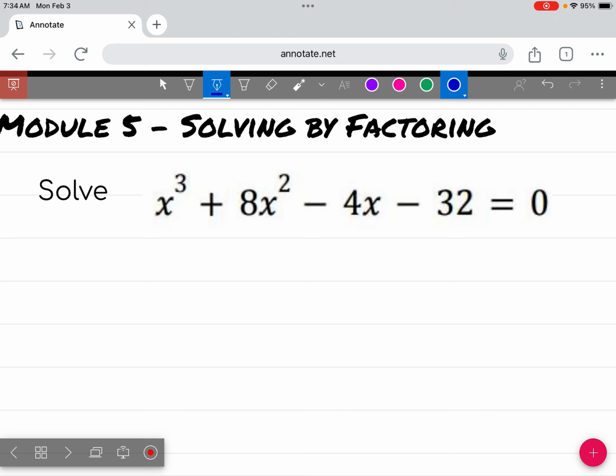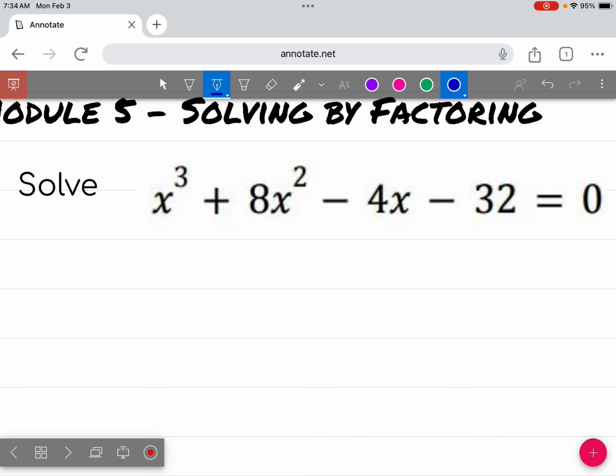Okay, so looking at this one, we've got our x cubed plus 8x squared minus 4x minus 32 equals 0. And just like we did on the last one, we're going to factor this one by grouping. So I'm going to put these two pieces together, and I'm going to put these two pieces together.